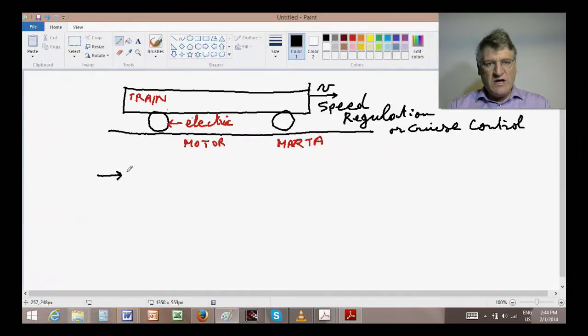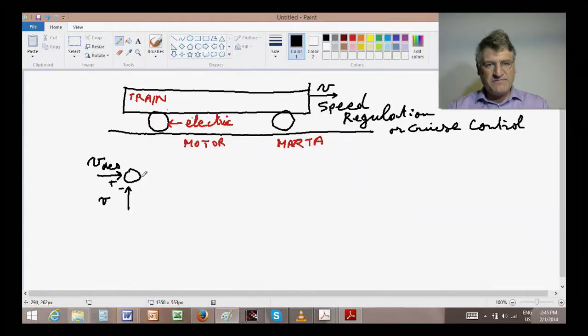Okay. We have a desired speed. And we have an actual speed, which we compare by taking the difference between the two of them.